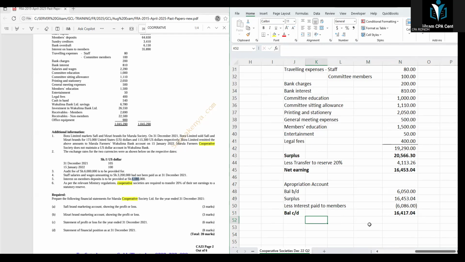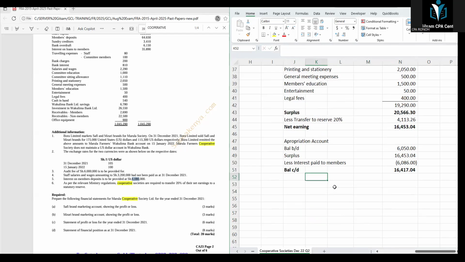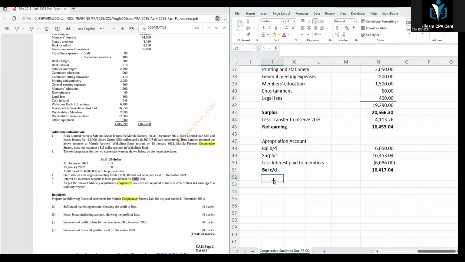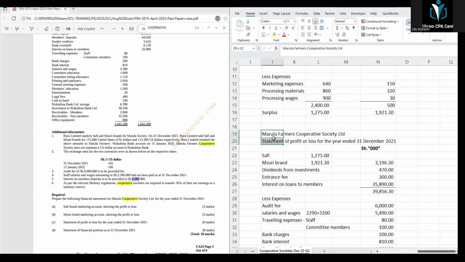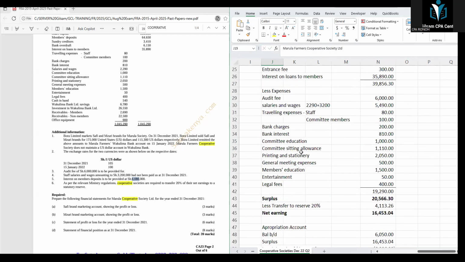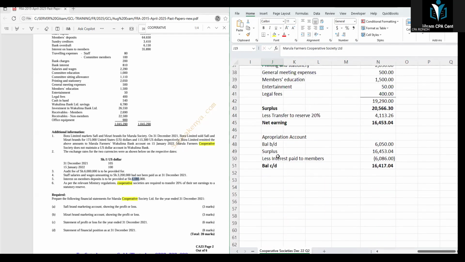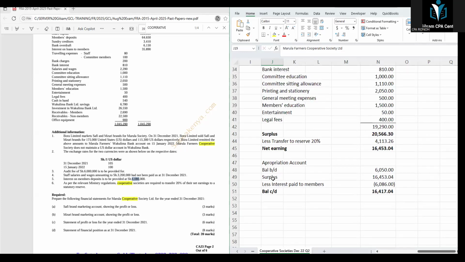I don't think there is any major working, or we will just need to see if there is any major working. Then we will do the working. So let's have Marula farmers. Or is there anything you have not written?